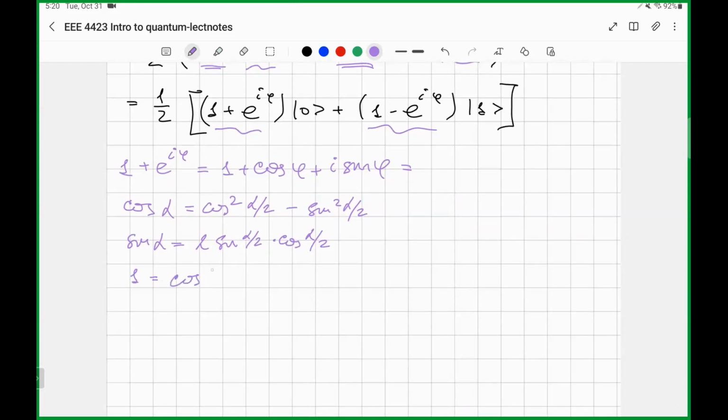I also represent one as cosine square phi over 2 plus sine square phi over 2.